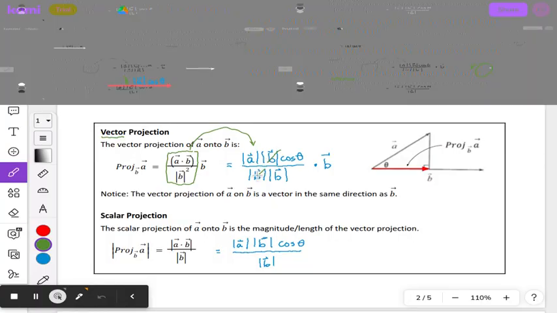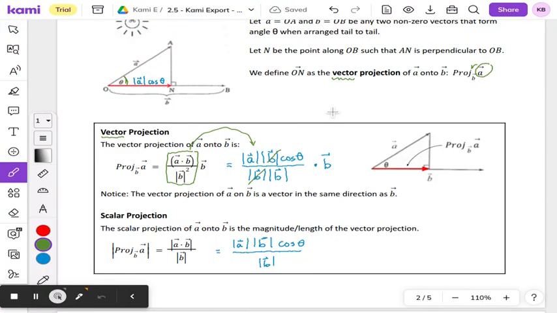If you think about this, this can just cancel out. So essentially what you're doing is finding a fraction.